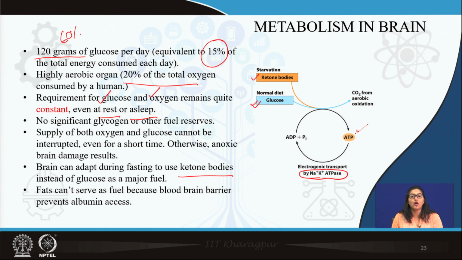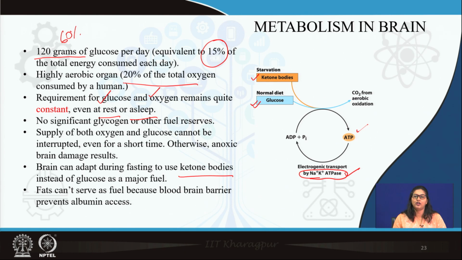If there is a fall of ATP, there is a fall of this transporter activity. What happens? Transmission is hampered. So, all goes into jeopardy. So, constant and regular supply of oxygen and glucose should be there in brain, and brain is the first priority organ in our body.